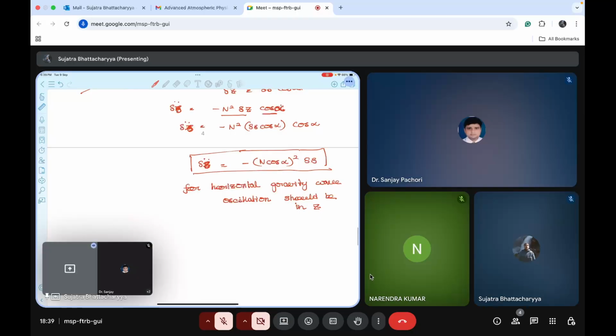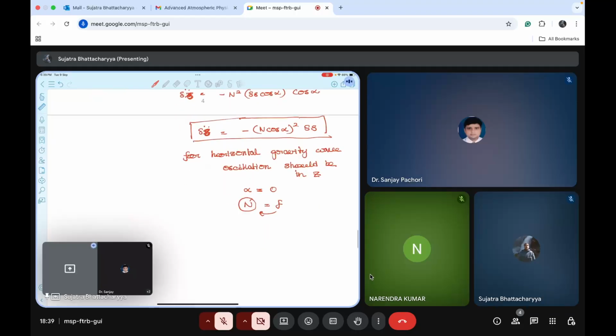In that case, your alpha should be zero. So if alpha is zero, then what is your frequency? N. Therefore, the frequency should be equal to N in case of a horizontal gravity wave.